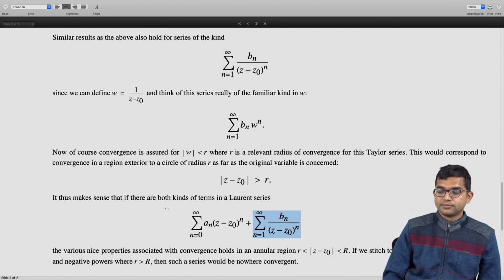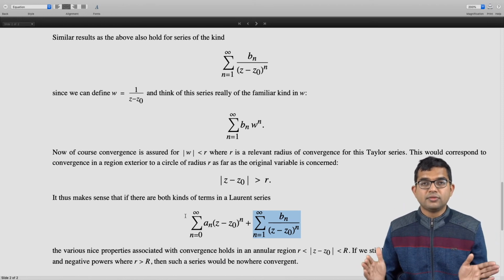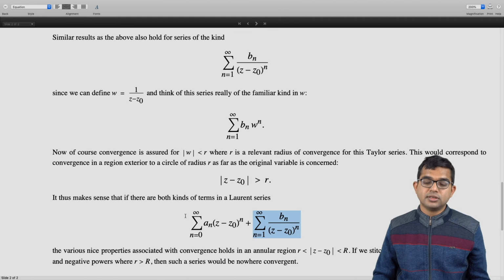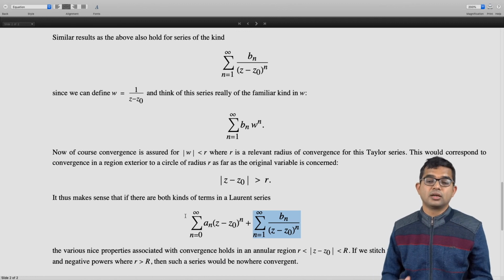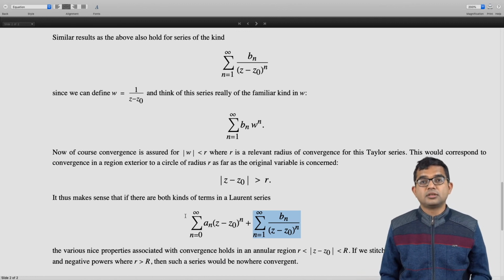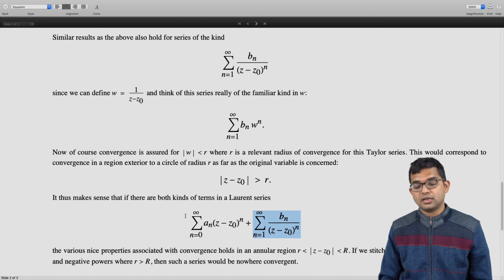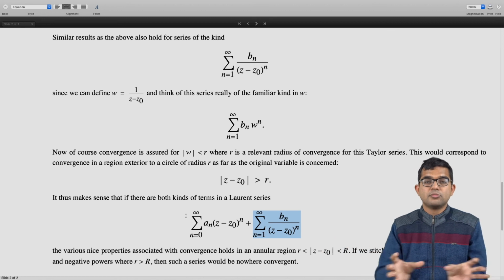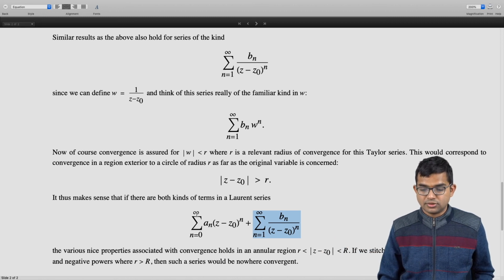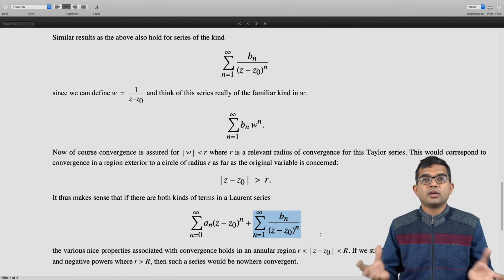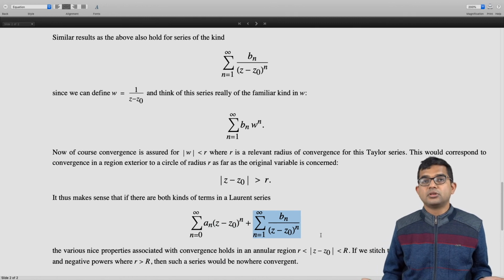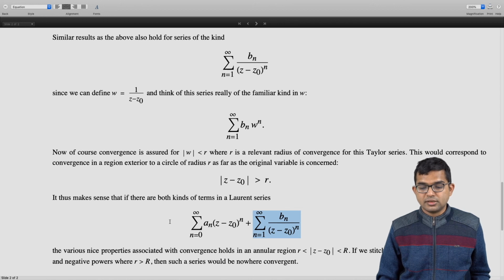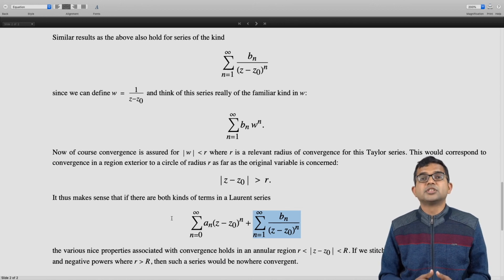Now therefore, if you want to have a well-defined annular region, then it better be that small r is less than capital R. Otherwise, if small r is greater than capital R, then such a series would be nowhere convergent. If you artificially try to bring together one series of this kind and another series of this kind, and try to make an overall series, you may actually end up with an overall Laurent series which is not convergent anywhere.